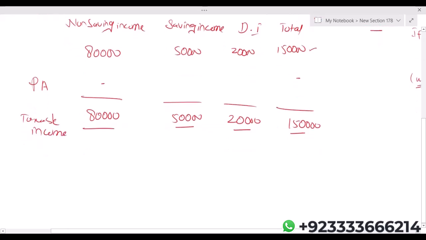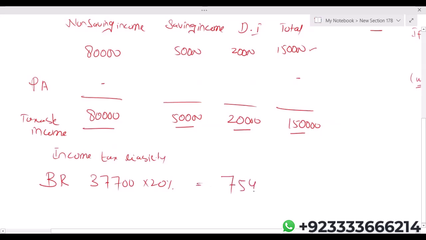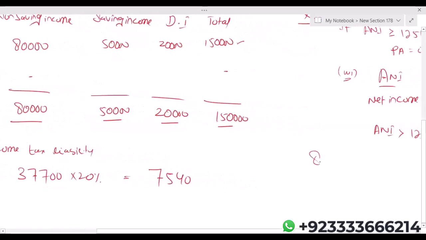Obviously, first we have to tax our non-saving income. Income tax liability. Basic rate: 37,700 for the non-saving income into 20% gives us 7,540. Now from this 80,000, we will deduct 37,700.